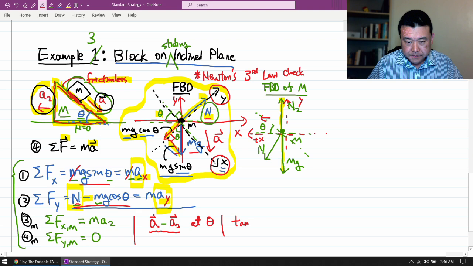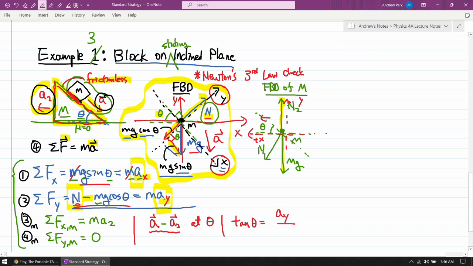Tangent of theta is equal to the y component over the x component of this resultant thing. So it would be something like a y over a x, as labeled here, and I would need a x plus A2, both as positive quantities.